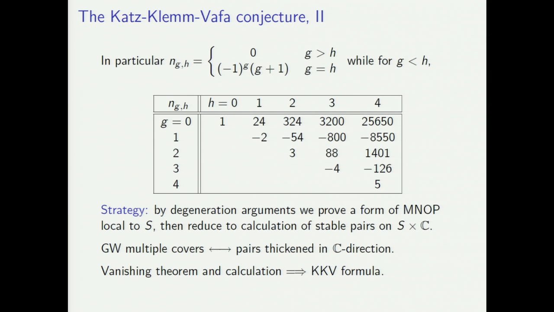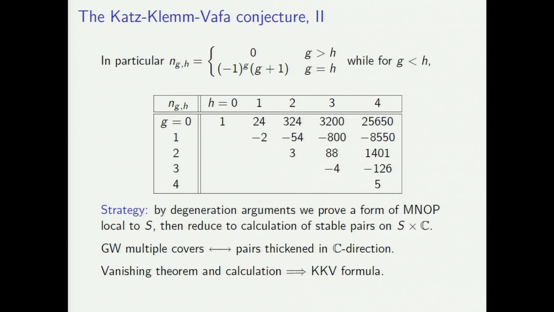All right, so the strategy is we're going to use degeneration to try and make everything simpler, make the geometry simpler. By using this degeneration, we're going to split spaces up, and using that, we'll be able to prove an MNOP conjecture which is local to this K3 surface.